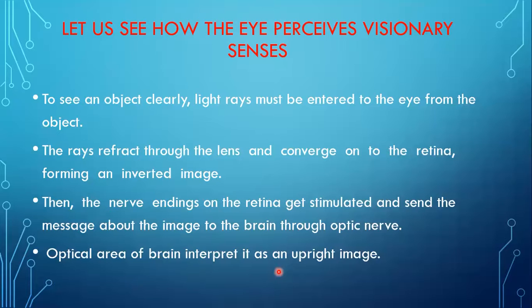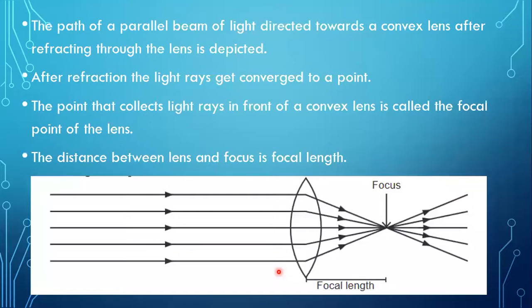Our eye is a convex lens. In this slide, you can study refraction of light through convex and concave lenses. Here you can see a convex lens. The path of a parallel beam of light directed towards the convex lens after refracting through the lens is depicted in this figure.